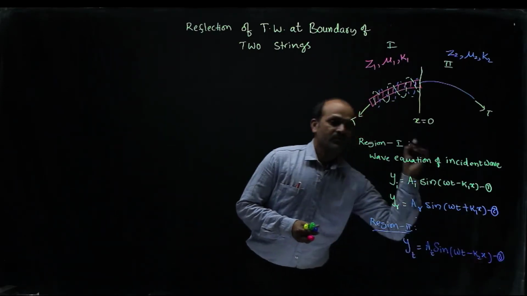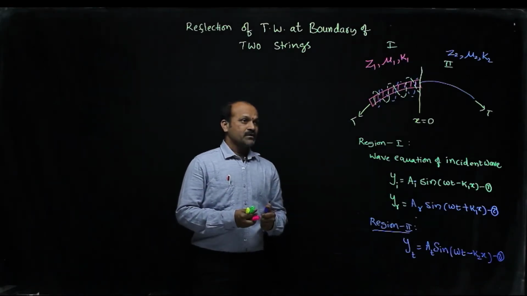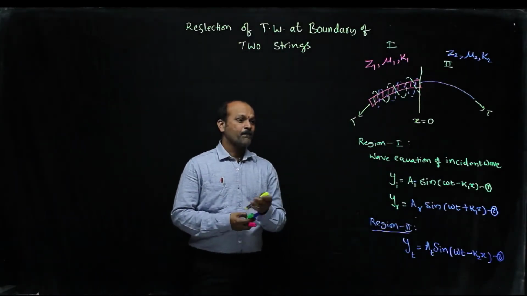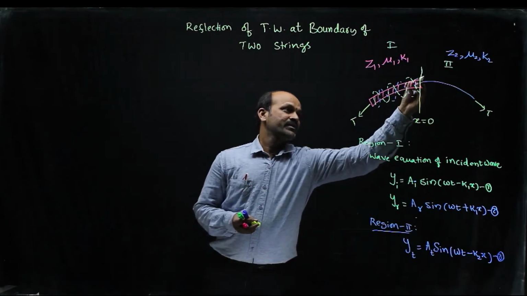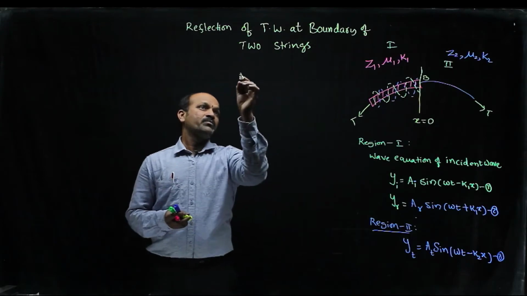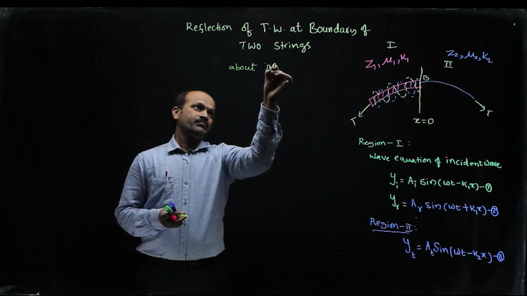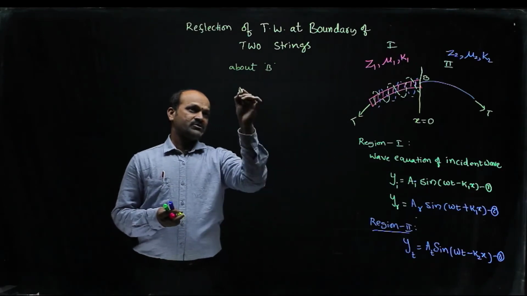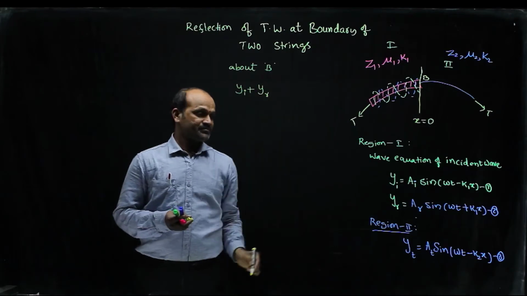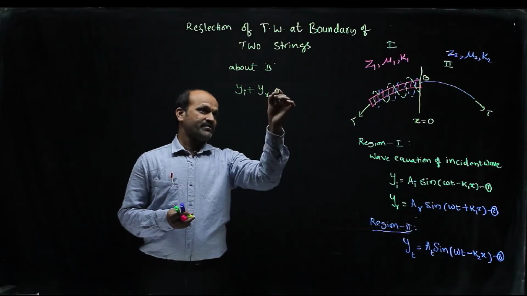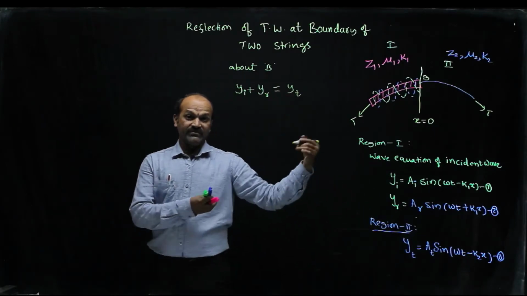Again, about the boundary, let us take it as B. About boundary B, the sum of the incident wave and reflected wave should be equal to the transmitted wave.